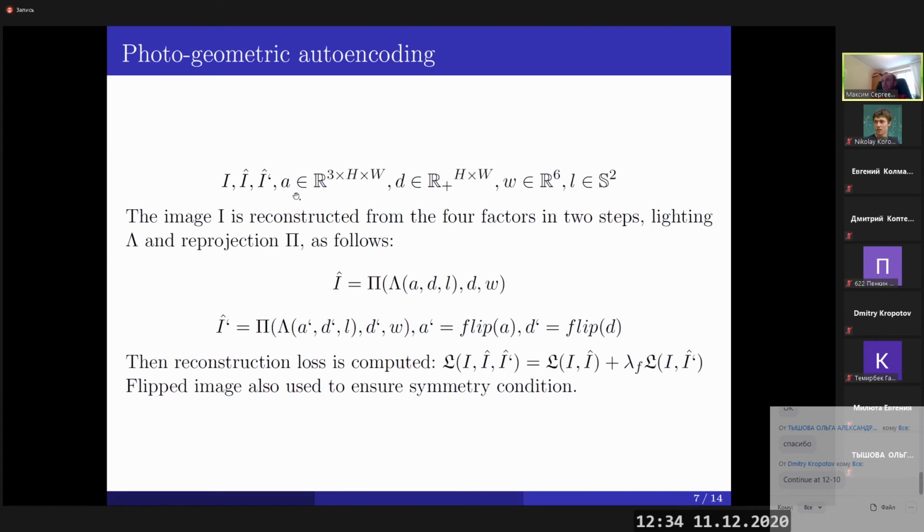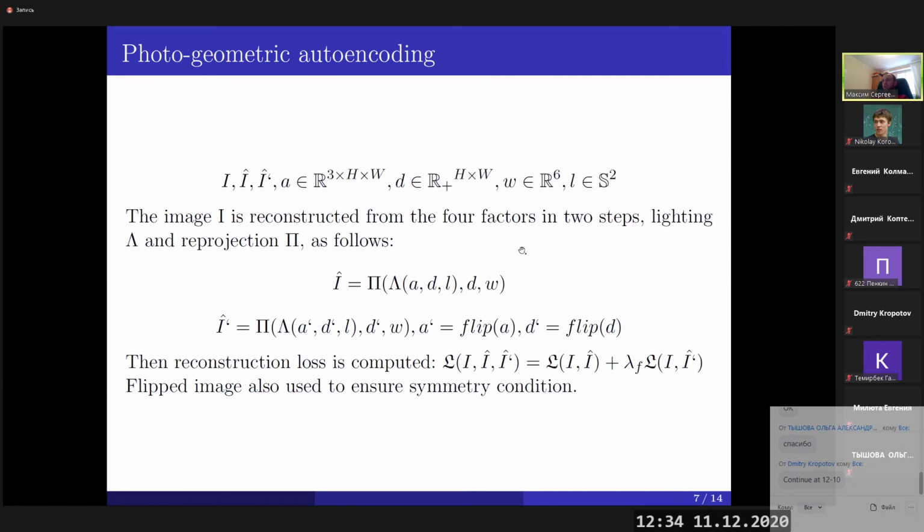Let A be the albedo map, D the depth map, V a tuple of 3D vectors that encode information about the original viewpoint and the vector from the original viewpoint to the center of the object. And L is a vector on the unit sphere that encodes information about light direction.